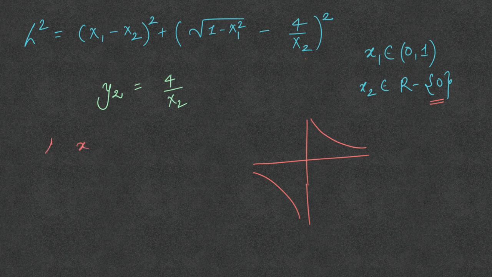Here as x2 tends to 0, y2 will tend towards infinity, and as x2 tends to infinity, y2 will tend towards 0.